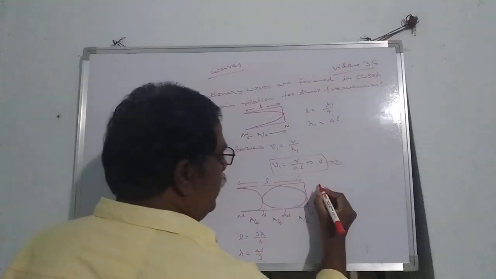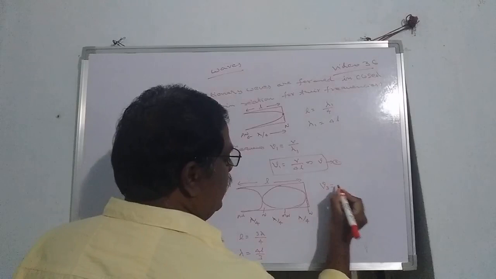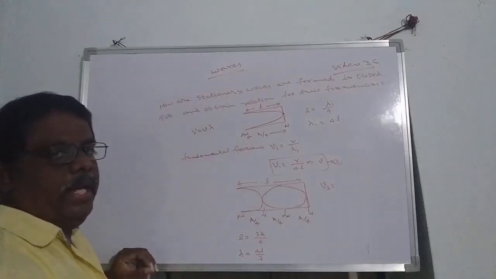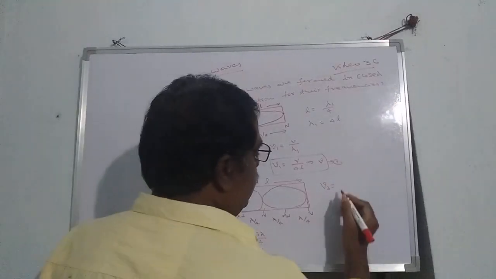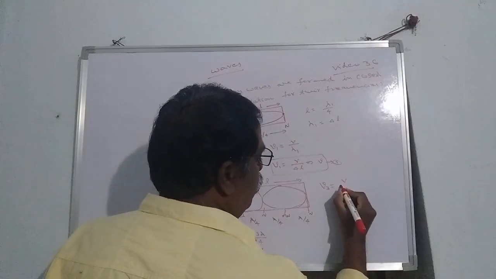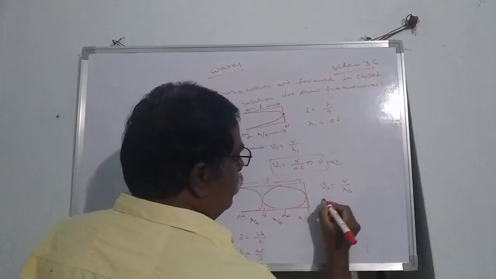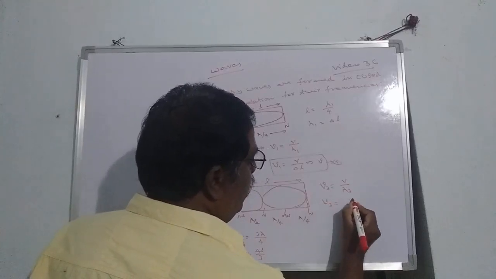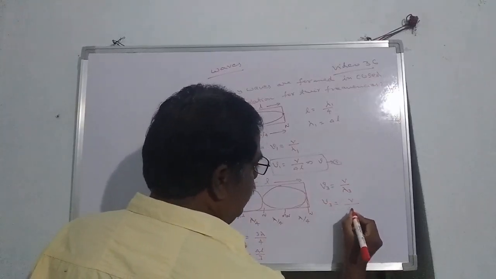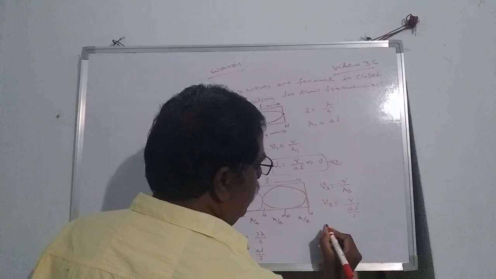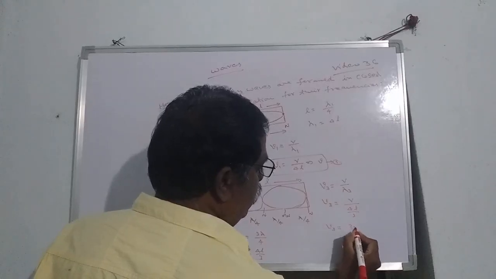So how do you calculate the frequency? Let us call it the third harmonic. So mu3 is equal to V by lambda 3, and lambda 3 is 4L by 3. That gives mu3 equal to 3V by 4L.